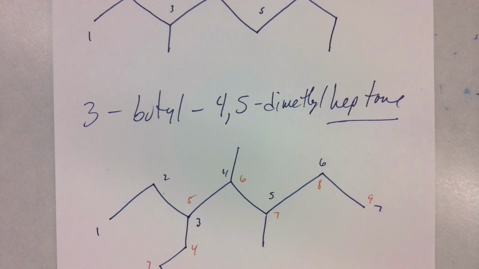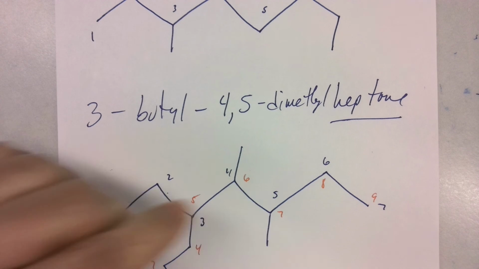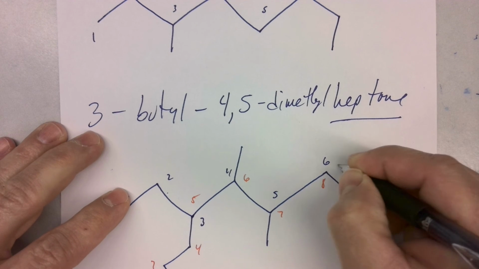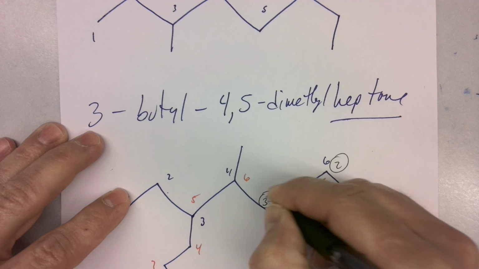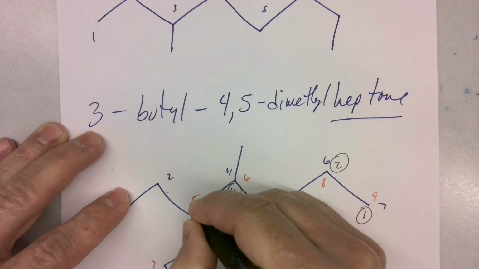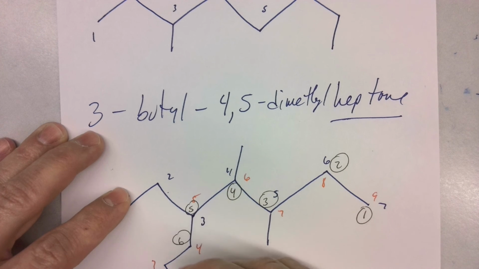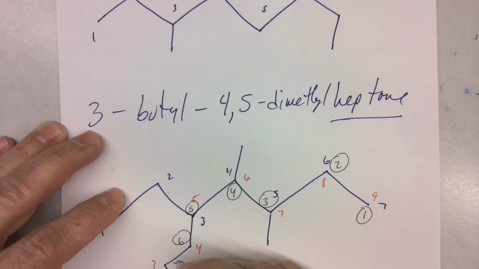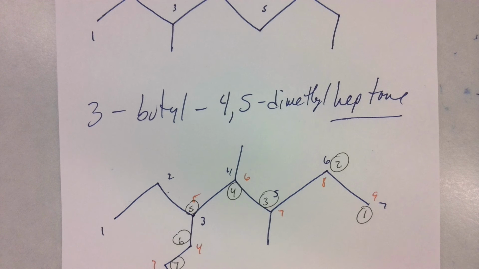let's see. That would branch me at 5, 6, 7. If I went this way, where would that branch me?